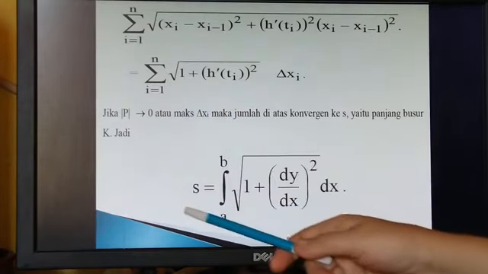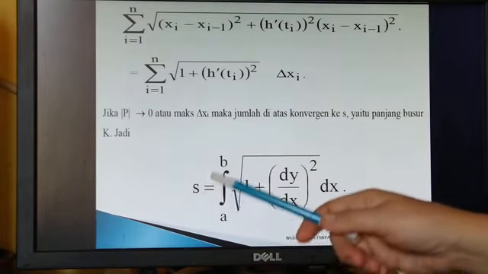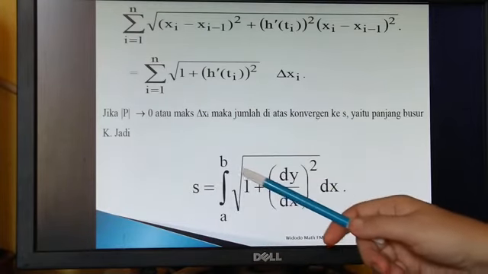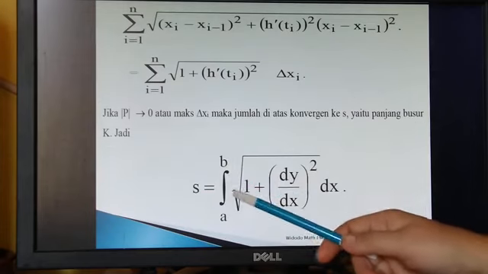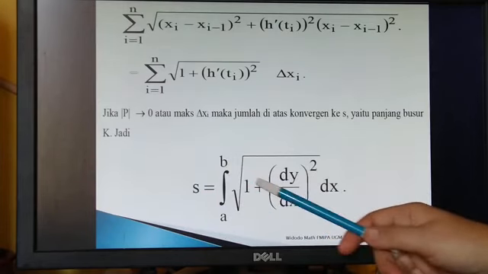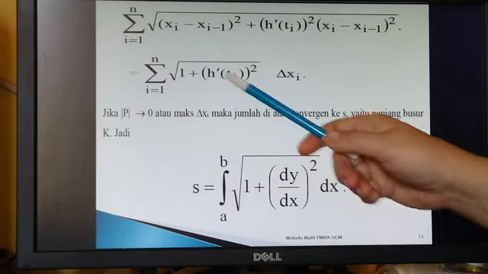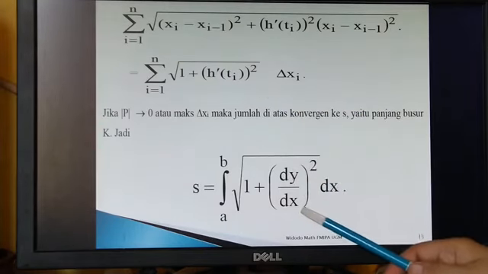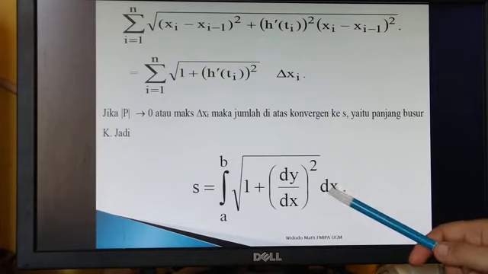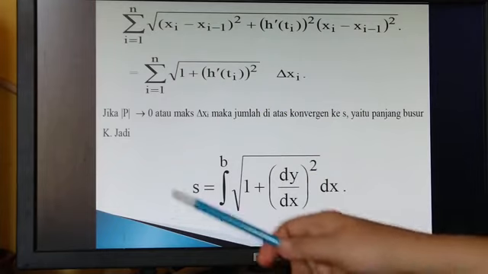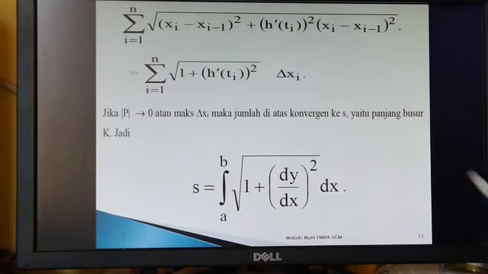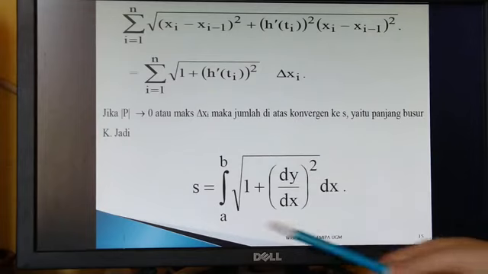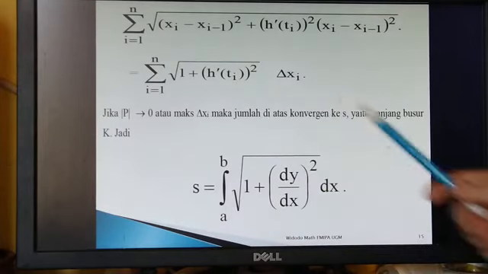So that the arc length is equal to the integral from a to b of the square root of 1 plus h prime, which is dy over dx, squared, dx. So this is the formula of the arc length for the Cartesian coordinate.